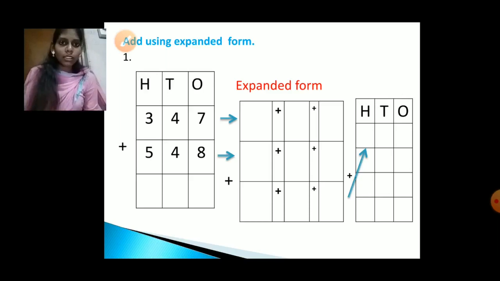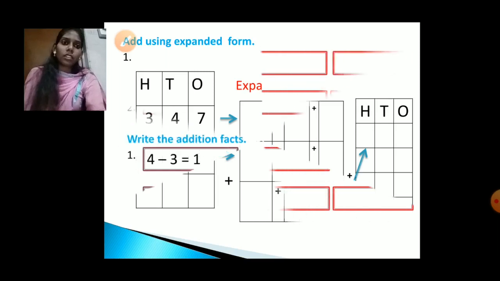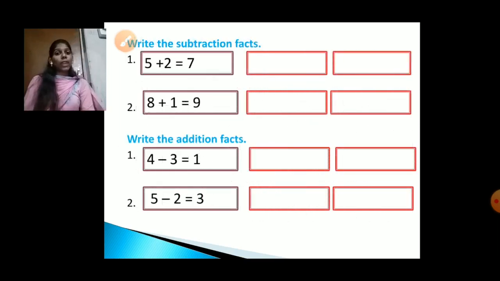Done? Okay. Now next is write the subtraction facts. Every addition has two subtraction facts and every subtraction has two addition facts. Correct? Keep it in your mind. Write the subtraction facts, write the addition facts.